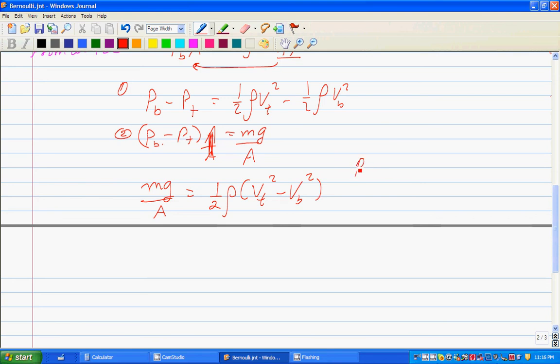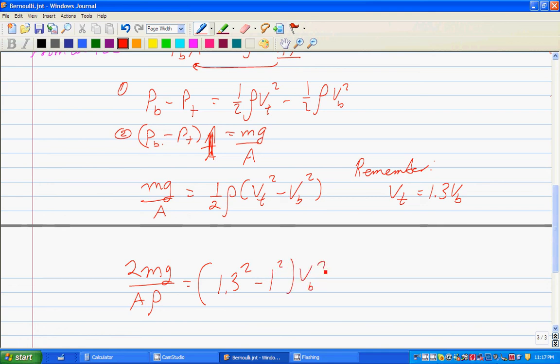But remember that we were given that the velocity on the top is 30% faster than the velocity on the bottom. And this turns into 2mg over A rho is going to equal 1.3 squared subtract 1 squared, times v bottom squared.